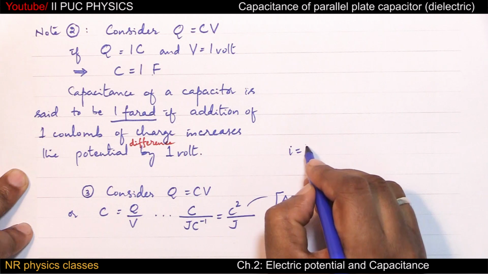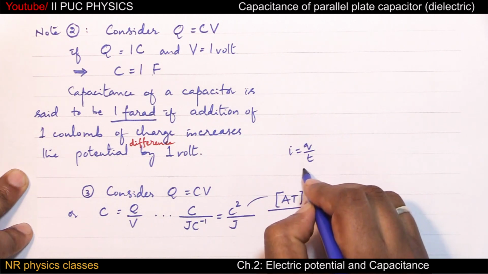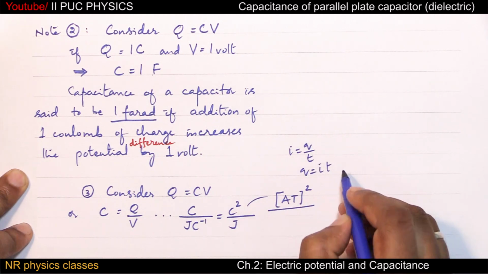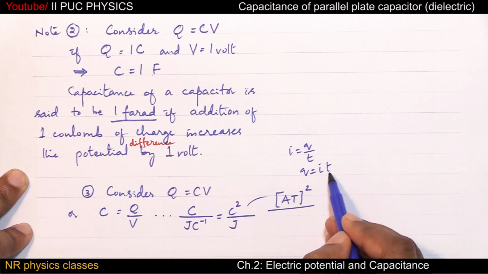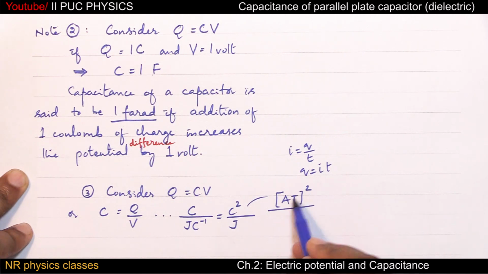So current equal to charge by time, charge equal to current into time. Current is ampere, time is T, its square. Joule is mL2T minus 2.